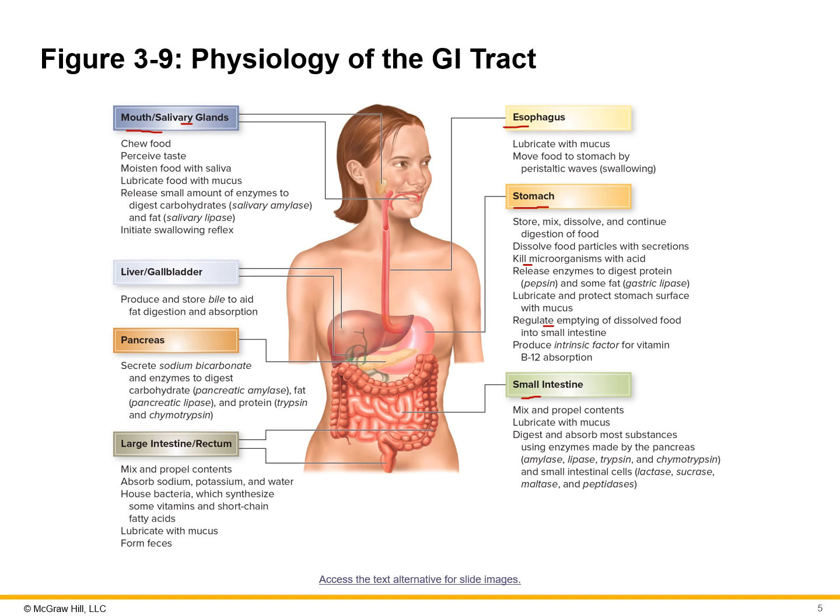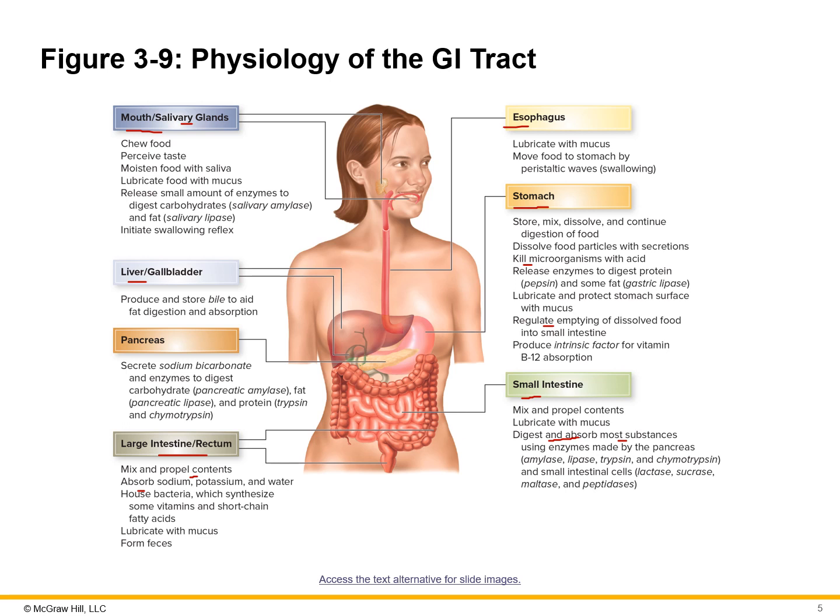From there, we're going into the small intestine. This is where the majority of digestion and absorption is going to occur. So again, most substances get broken down and absorbed here. But then we also have the large intestines, just again, kind of mixing and propelling things forward. We get some absorption here as well. Then that's ultimately going to go into the rectum and the anus. But we also have the liver.